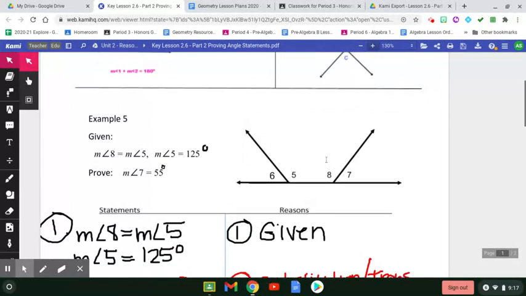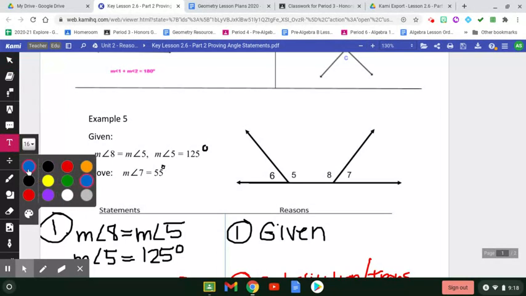In this example, we have that the measure of angle 8 equals the measure of angle 5, and they're also giving us that the measure of angle 5 equals 125 degrees. We're trying to prove that the measurement of angle 7 is equal to 55 degrees. Right now I'm going to put in the information that I know, and I'm also going to write my given statements.